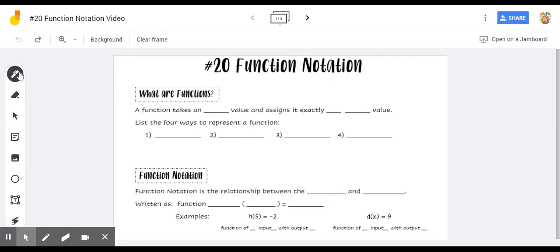So just as a quick little reminder, we have learned that a function takes an input value and assigns it exactly one output value.